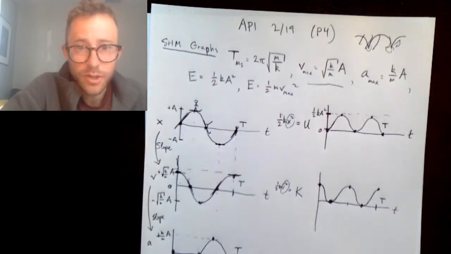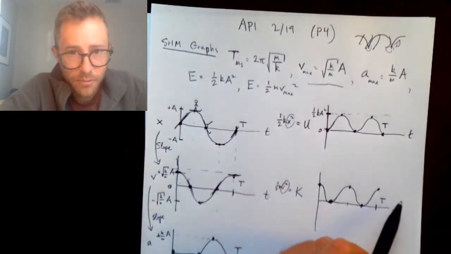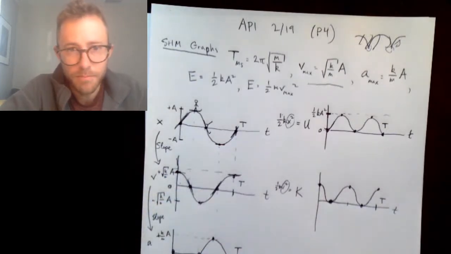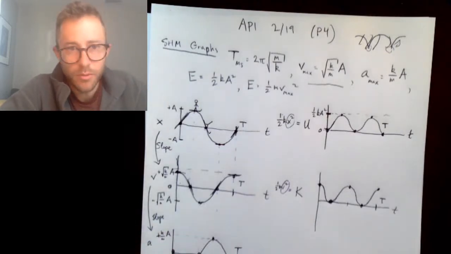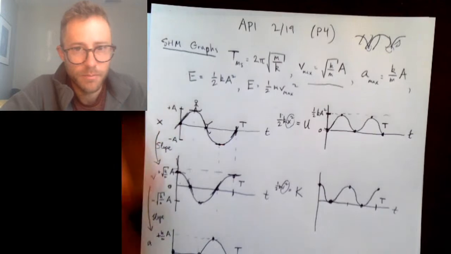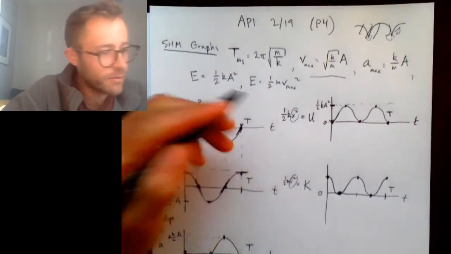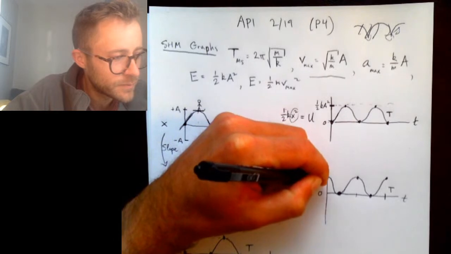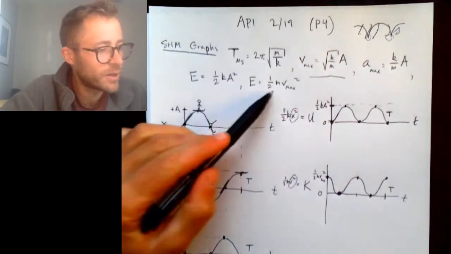Okay, so our general strategy is to make the general shape of the graph by looking at these 5 points in a single period. Okay, and then figuring out what it wiggles between using the formulas up here. So what I can see is that the kinetic energy is going to go between 0 and 1/2 m v max squared, because that is the maximum value of the kinetic energy.